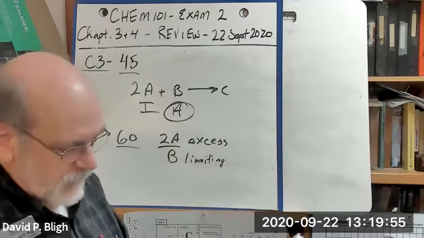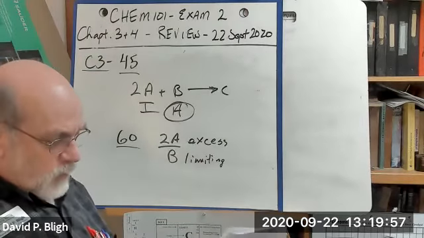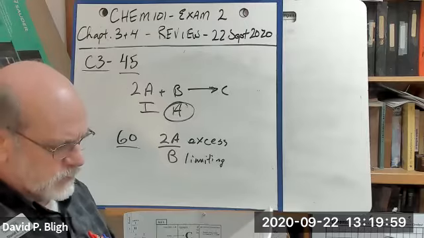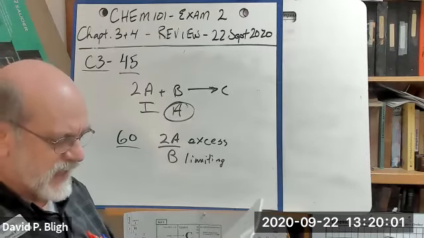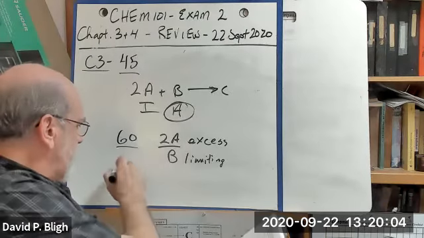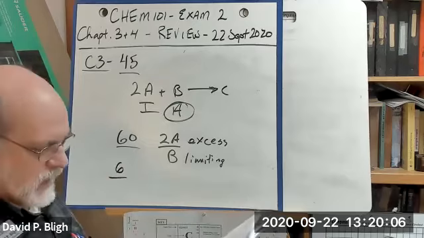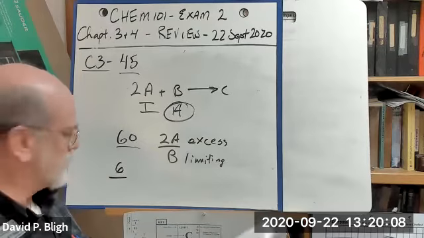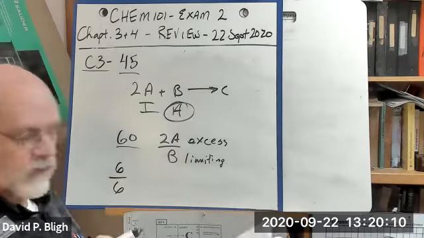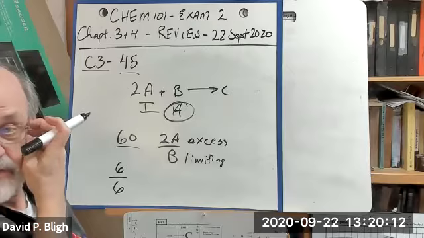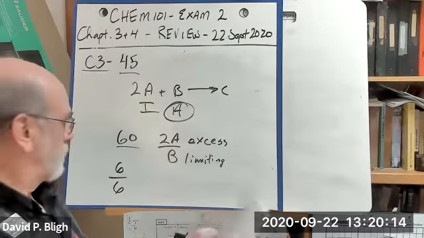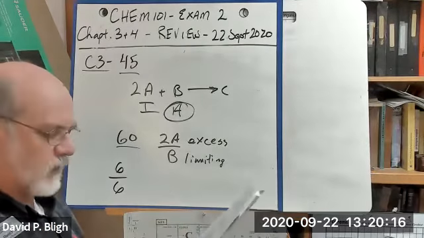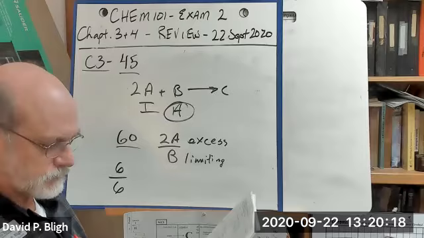All right, so let's look at it. Roman numeral 1. 1, 2, 3, 4, 5, 6 A's. So we have 6 A's and 1, 2, 3, 4, 5, 6 B's. That's 1 to 1. Can't be. It's got to be greater than 2 to 1. So Roman numeral 1's out. How about 2?